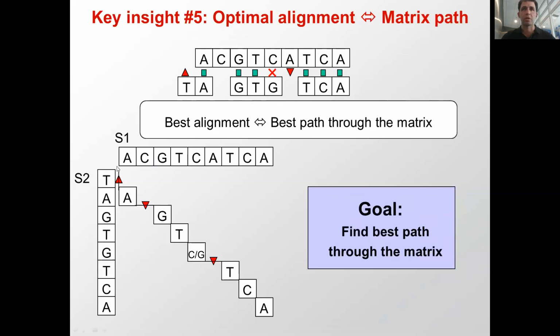And you can see here how I can represent this as a path through the matrix by having a gap in S1 with a character in S2, a match, a gap in S2 with a character in S1, a match, a mismatch, where I'm including a character from each sequence, but they're mismatching, so I'm paying a penalty of a mismatch, and then an insertion in the S2 sequence, an insertion in the S1 sequence, the A corresponding to a gap in the S2 sequence, and then a match TCA.